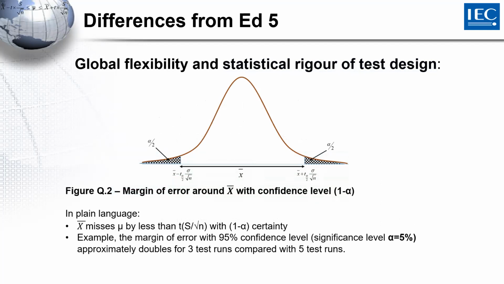X bar misses mu by less than t s over root n with 1 minus alpha certainty. So for example, the margin of error with 95% confidence level, with a significance level alpha equal to 5%, approximately doubles for 3 test runs compared with 5 test runs. This is a good way of looking at how effective the number of test runs is. Next, please.